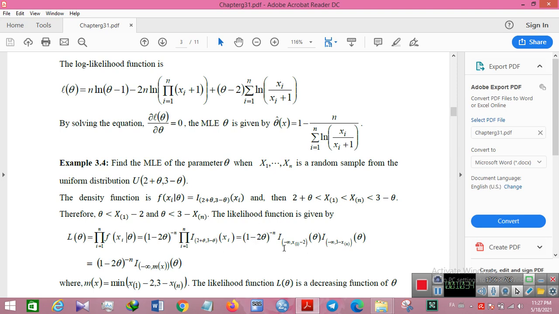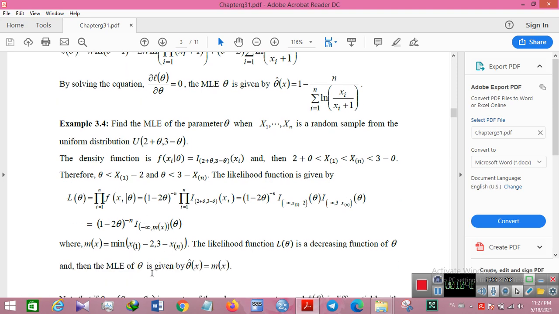We can write this formula in that form, because theta is at most the minimum of x1 minus 2 and 3 minus xn.